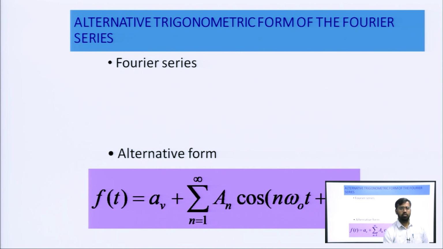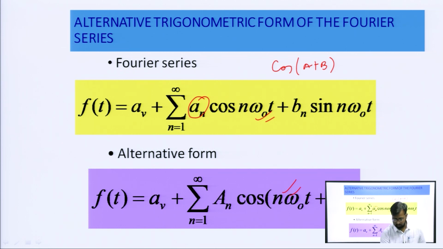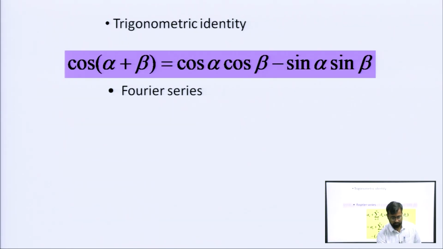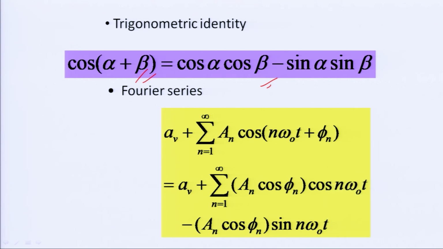Now we can also combinedly represent this signal in this form. How can we write it? We know cos(A plus B) is equal to cos A into cos B minus sin A into sin B. So, we can represent this in this form.